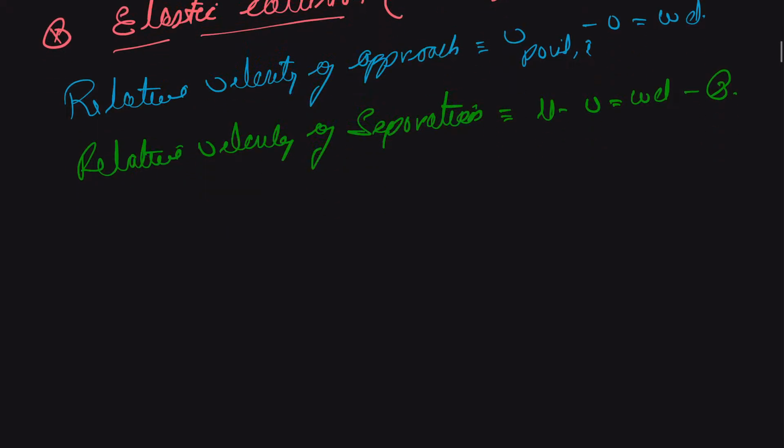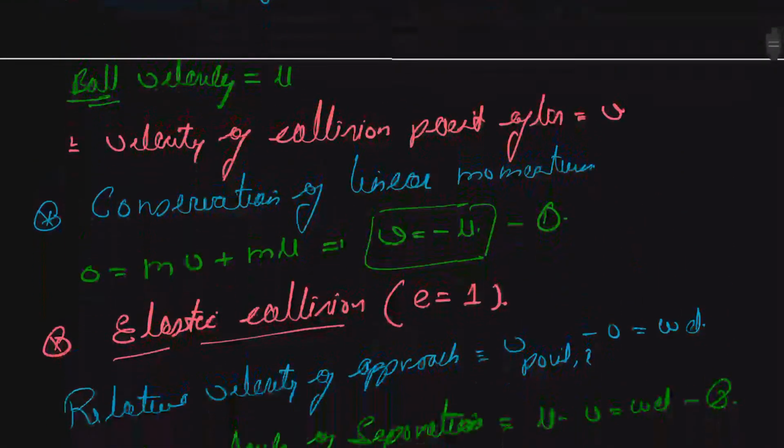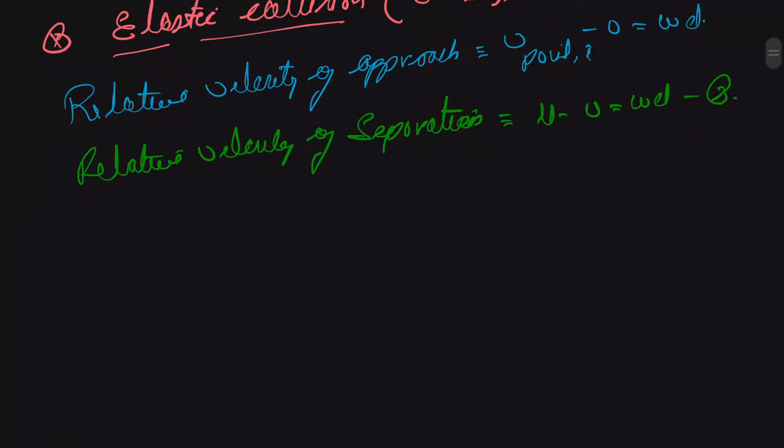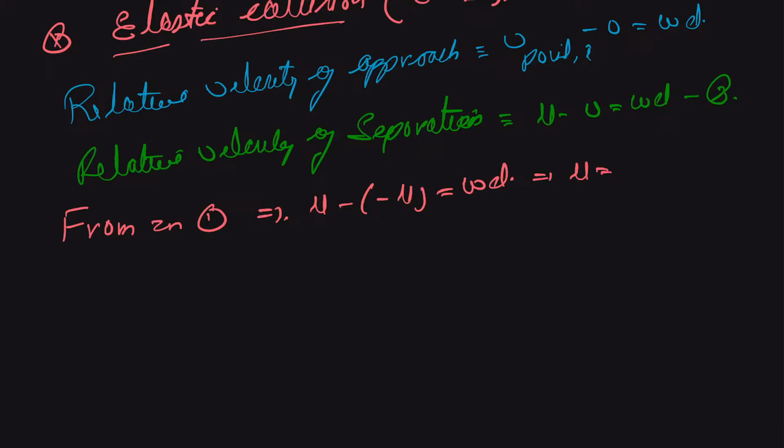And now we just found out from equation number 1 that v is equal to minus u. So we can easily substitute it. So from equation 1, we can write that u minus minus u is equal to omega d, and therefore u will be equal to omega d by 2, or we can say v is equal to minus omega d upon 2.